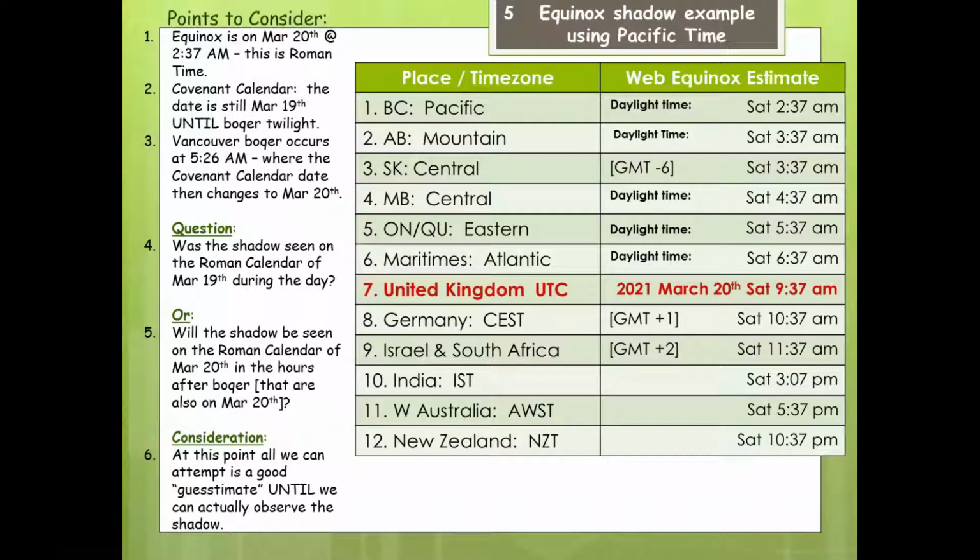So the equinox time that's listed on the internet is really, like Daisy said, just a good educated guess. According to the movements of the heavenly bodies, they can time everything almost down to the second, or maybe a millisecond, but it's still a good guess until it actually happens.